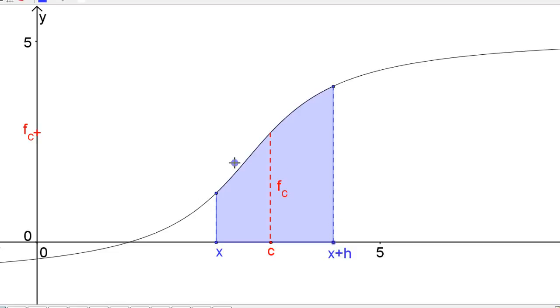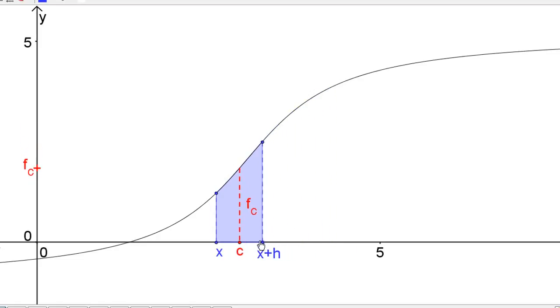If that function's continuous, this is just going to slide along here and become equal to f of x. If you push those together, that f of c becomes f of x. The limit as you make h 0 is they're all the same. They're all f of x.